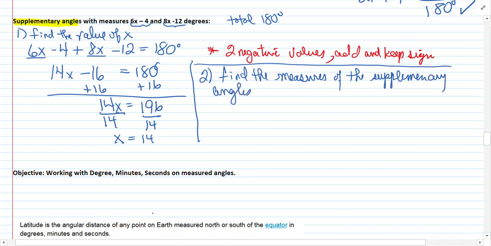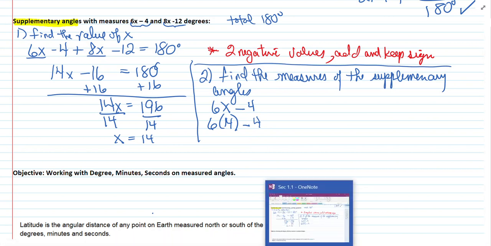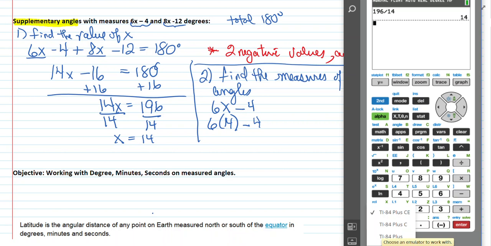All right, so remember our first one was 6x minus 4. So that's 6 times 14 minus 4. Let's do that on the calculator so I'm not embarrassed. 6 times the 14 minus the 4. And I get 80.